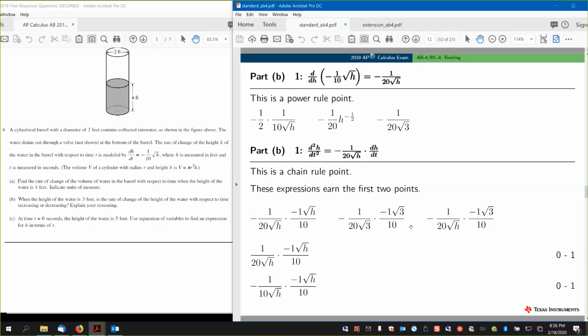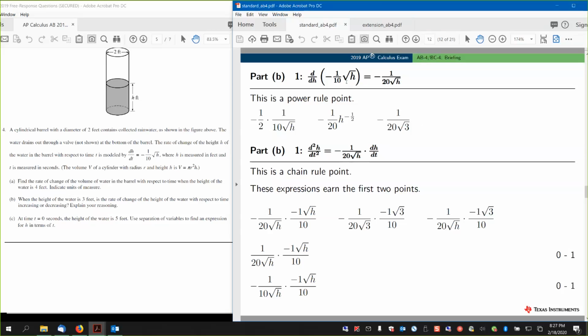And here are 3 expressions. All 3 of these earn the first point. Those were the 3 most common expressions that students convey to us that earn the first point. That's evidence of the power rule, evidence of taking the derivative of this expression with respect to h.